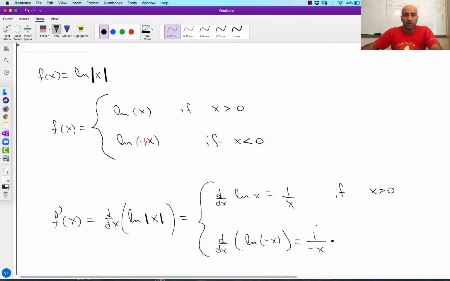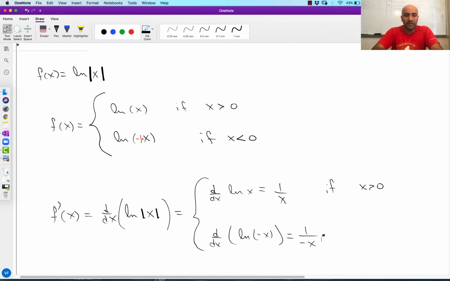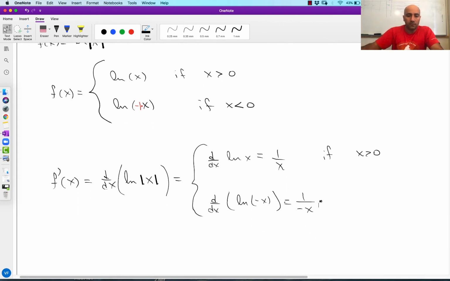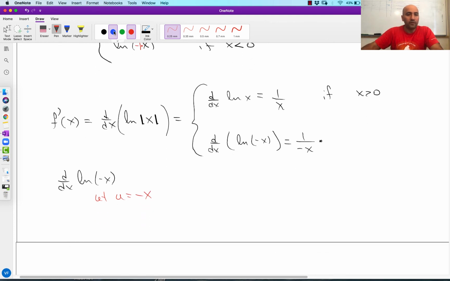Let me write it in more detail over here. The derivative with respect to x of ln of negative x: technically we're going to let u equal negative x. And so we end up with the derivative with respect to u of ln of u times the derivative with respect to x of u.